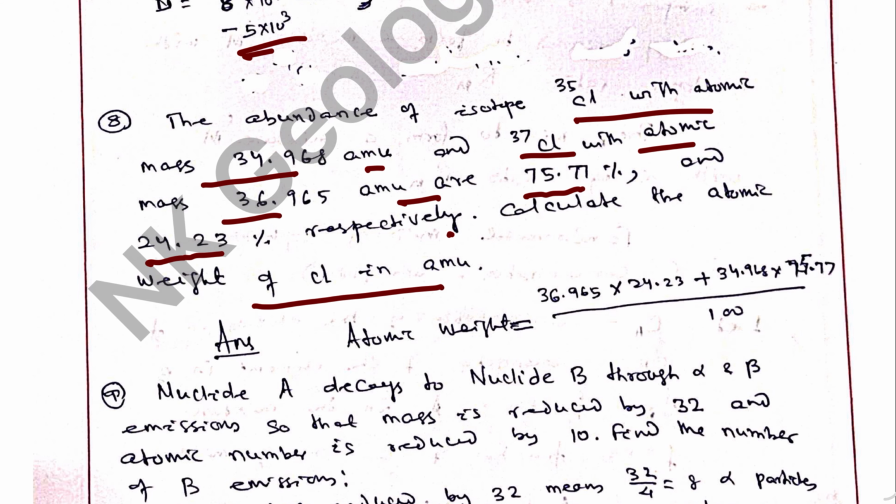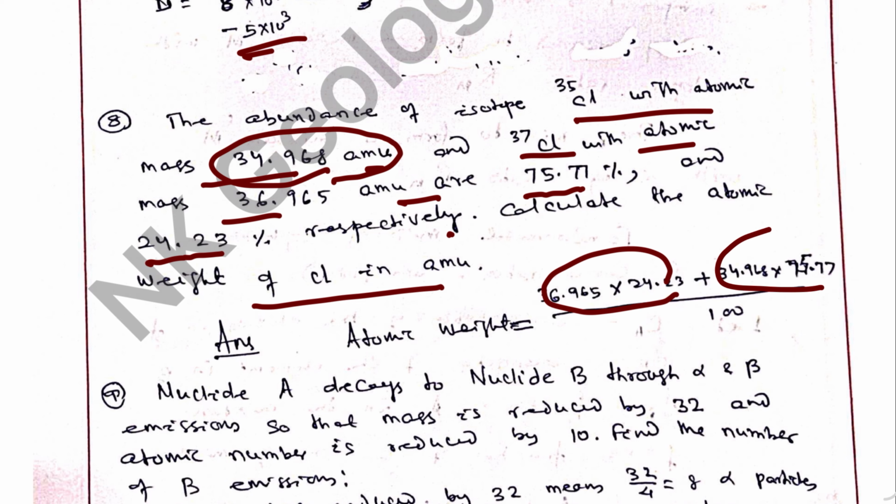Calculate the atomic weight of chlorine in AMU. So their atomic mass is given for chlorine 35 and for chlorine 37. Their percentage is given. So they are multiplied, added up, and divided by 100 to give the total atomic weight.